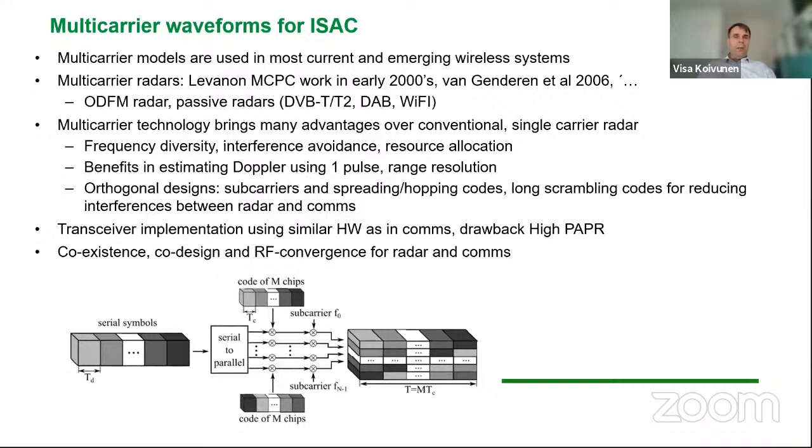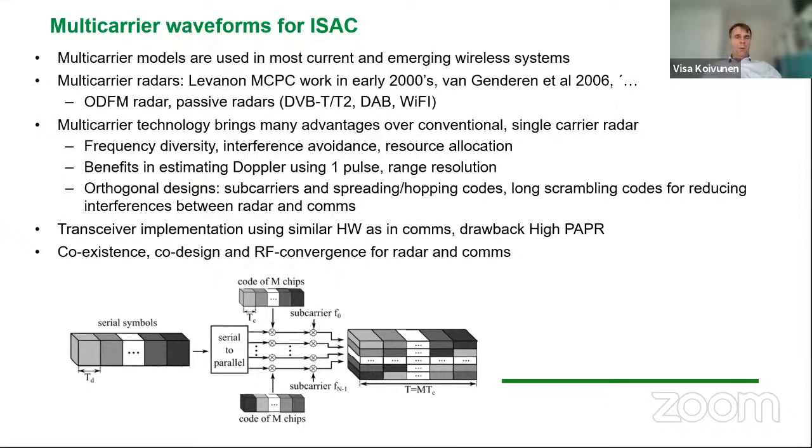Multi-carrier waveforms bring many advantages over conventional single carrier radars, the obvious one being frequency diversity. It also allows you interference avoidance and to allocate resources to different subcarriers. An additional benefit is that you can estimate the Doppler using just a single pulse, instead of using multiple subsequent pulses. And the broad bandwidth that multi-carrier signals usually use also gives you high range resolution. You recall the expression for the range resolution through the RMS bandwidth.